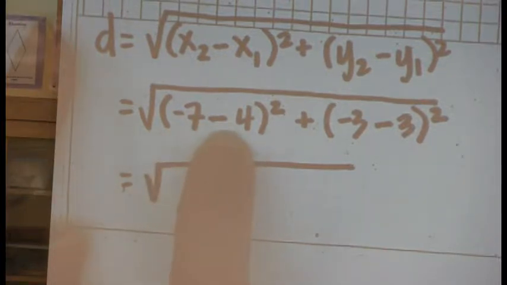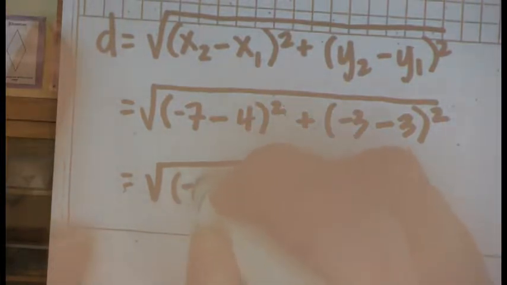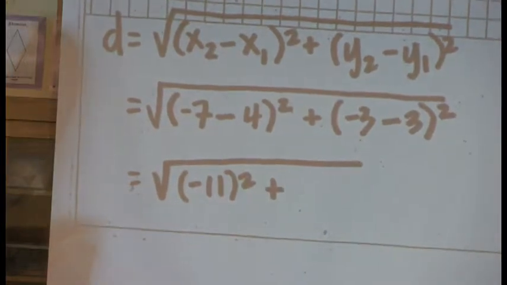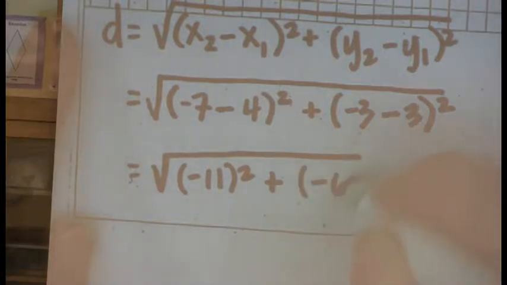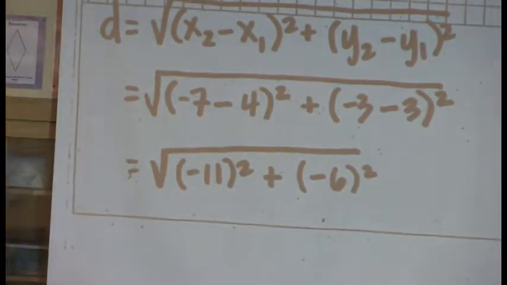And if you're not sure, you should be checking yourself on your calculator. -7 minus 4. -11. And then next set of parentheses, what's -3 minus 3? -6. Okay, so from step 2 to step 3, all I did was figure out what's in my parentheses.